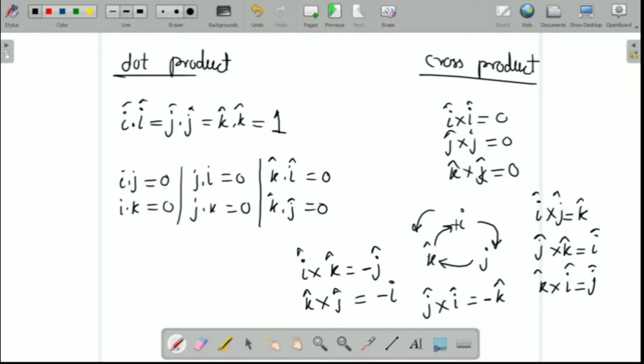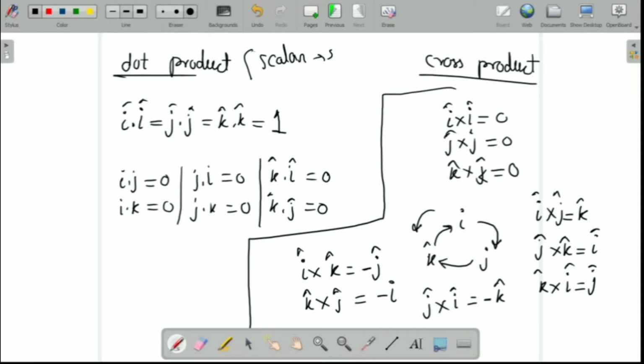So this is the cross product and this is the dot product. Dot product always gives a scalar value, a scalar result. The cross product result is always a vector. This will give you the value, that's all.